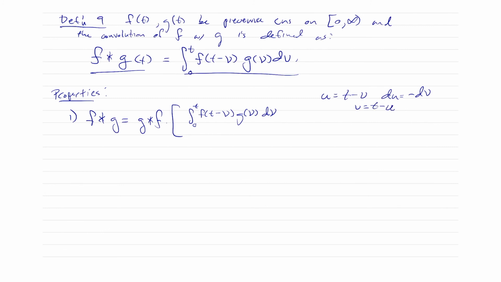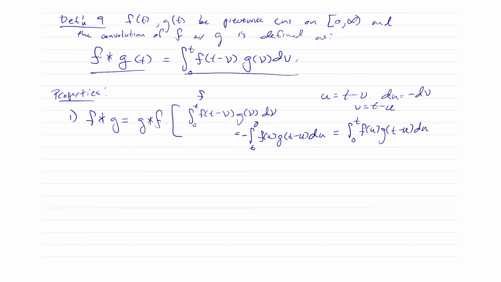Then if we plug all that in, we'll figure out the bounds in a second, we get the integral of f of u, g of t minus u, du with a minus sign coming out. If v is 0, like it is on the lower bound, then u is t. And if v is t, as it is in the upper bound, then u is 0. Now we have that minus sign, and that flips the bounds right back. So 0 to t, f of u, g of t minus u, du.